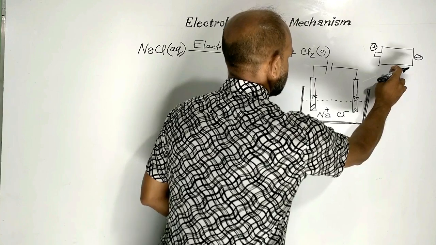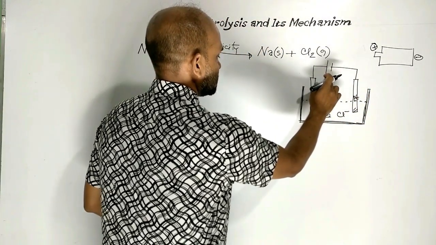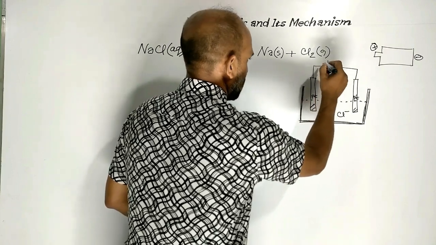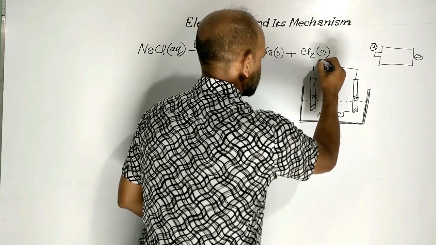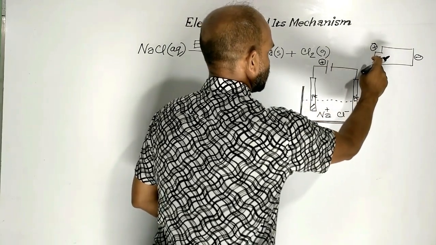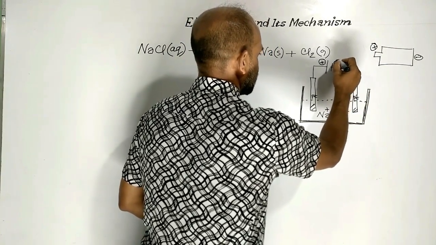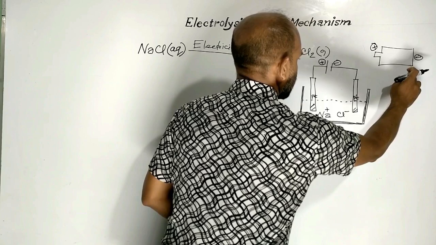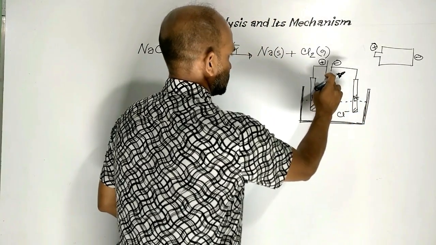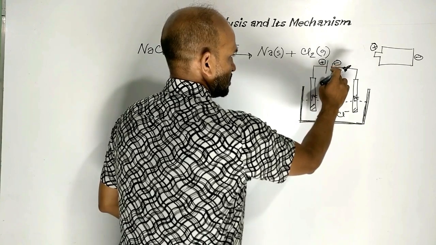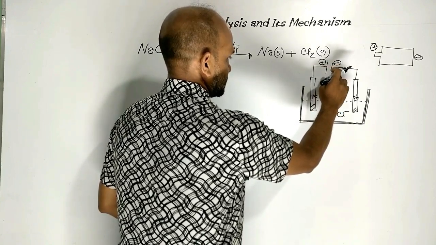The dry cell is represented here by two lines. The long line indicates the positive end of the dry cell and the short line indicates the negative end.